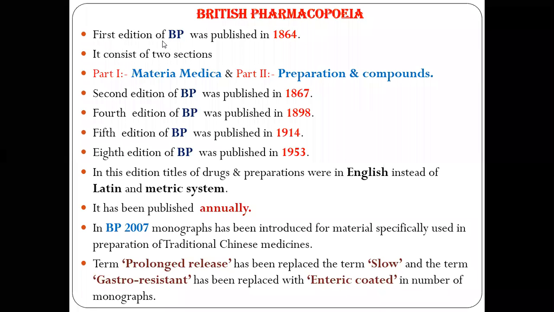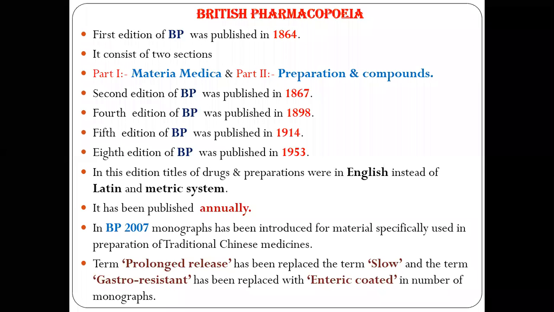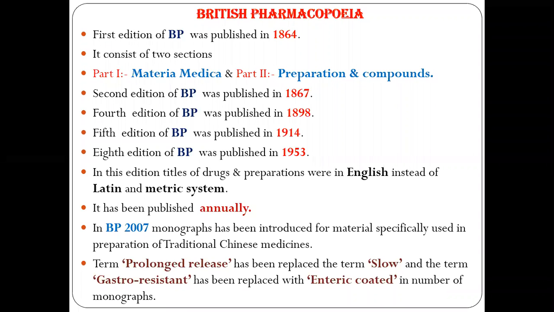Then after that, the British Pharmacopoeia consists of two sections. The first part is called the Materia Medica and the second part is called the Preparations and Compounds. In their language, Materia Medica means information on your medicaments. Then the second volume or second part is called the Preparations and Compounds.